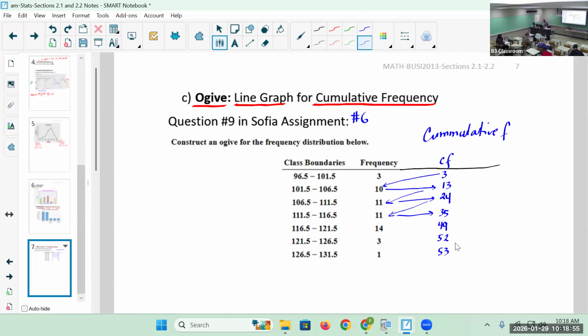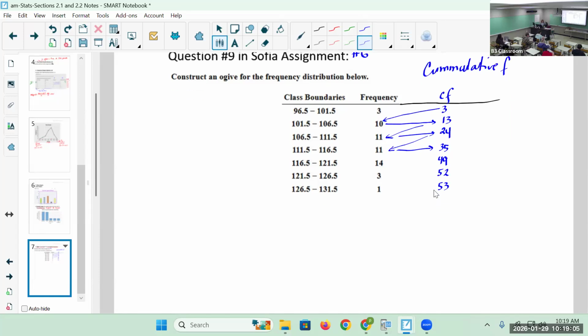Okay, so now when you do that, remember, if these are all your cumulative frequency, so I want you to write this note, even though right now we haven't even looked at what the ogive looks like.